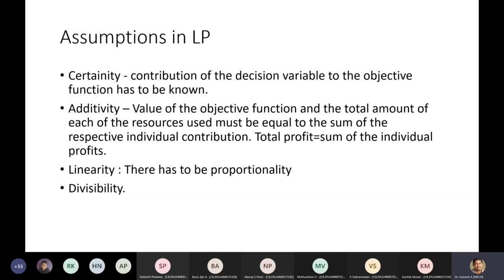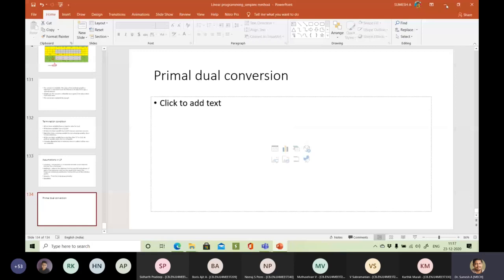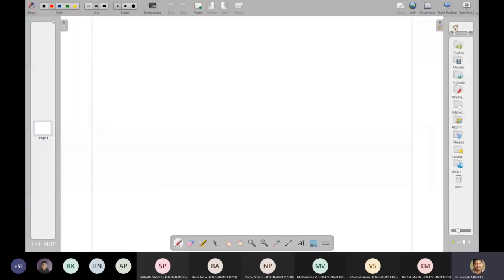What is the primal dual conversion? The dual is nothing but a mirror image of a problem. The actual problem given to you is called primal. Primal is nothing but your actual problem.